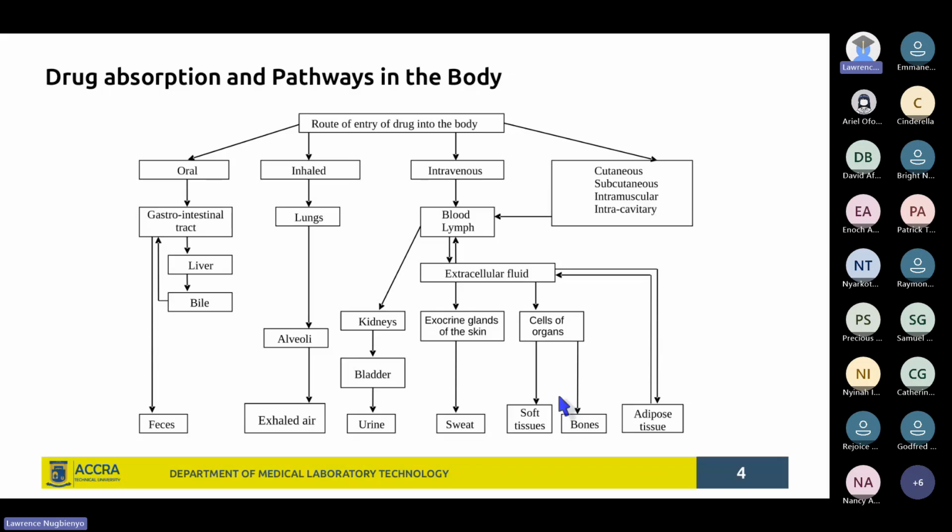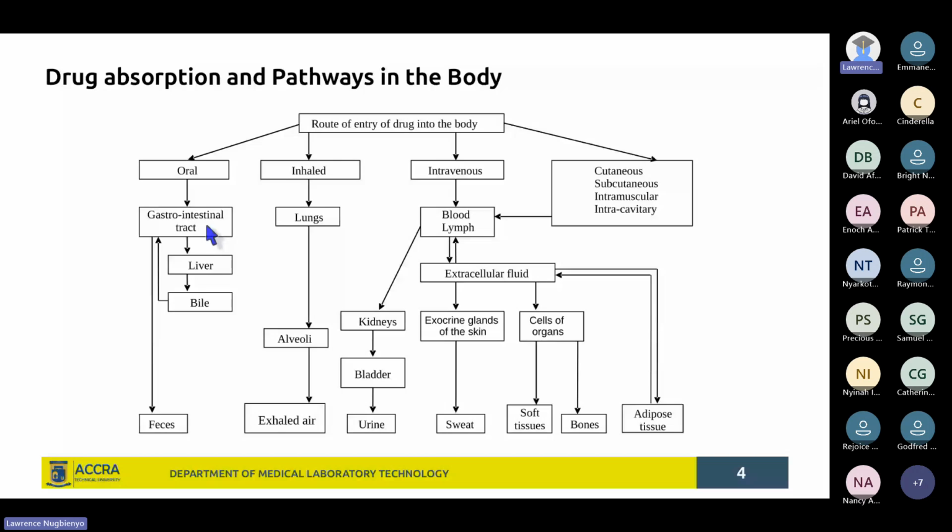Now we see there are different routes of entry that are depicted on the diagram you're seeing here. The first is oral, which is the most common form of drug administration through the mouth, and that goes into the gastrointestinal tract, the digestive system.